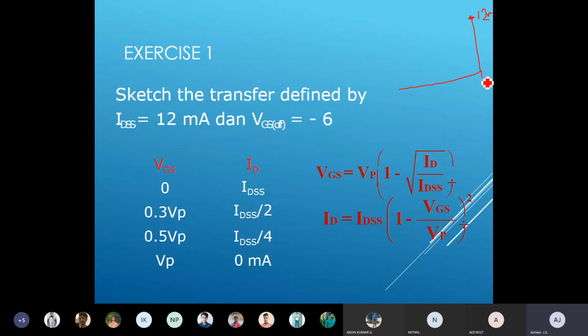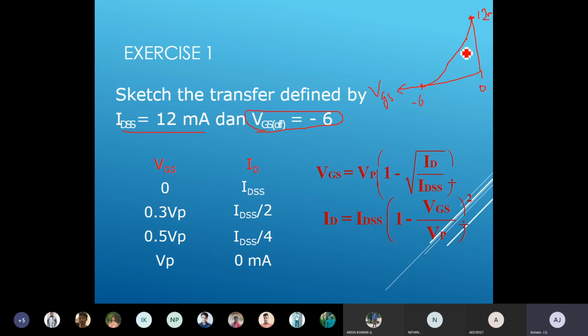This is when VGS is equal to 0. Okay, so that is what I am representing here. And here they are giving VGS(off) equal to minus 6. So it represents that at minus 6 the current becomes 0. So the graph will be somewhat like that. Is it right or not? So it will be like this.